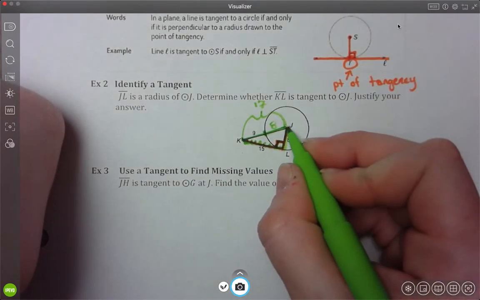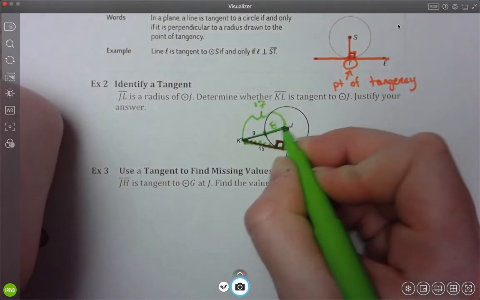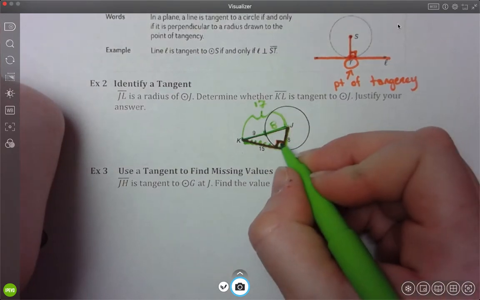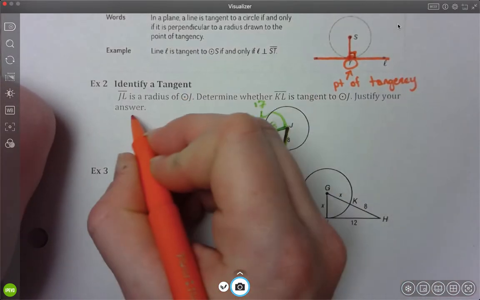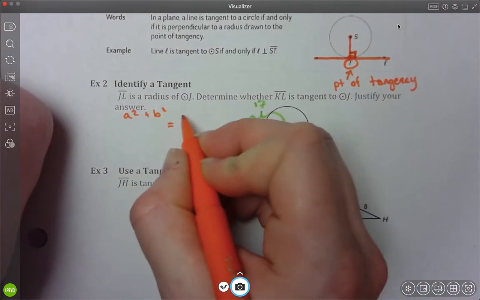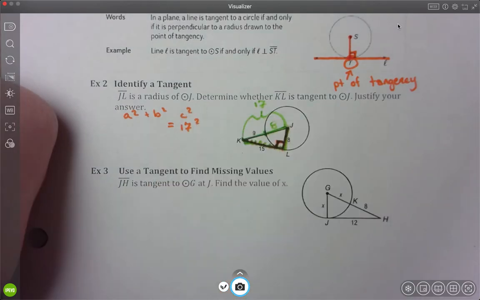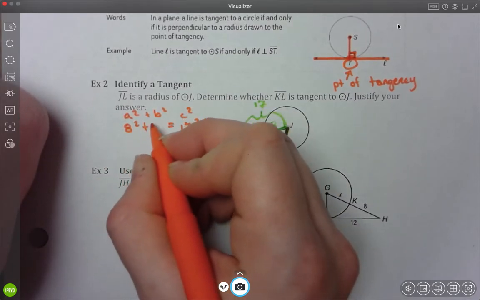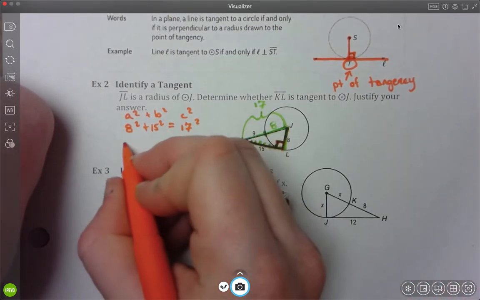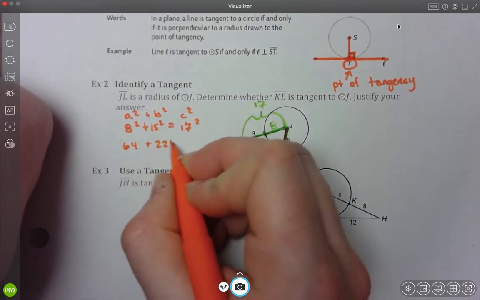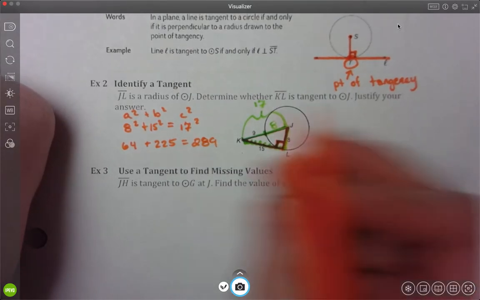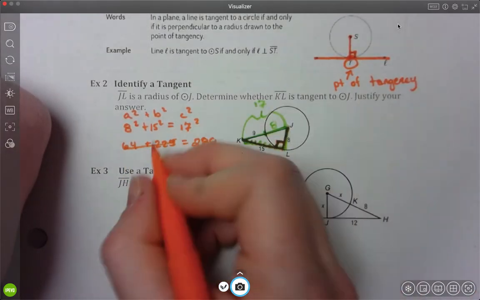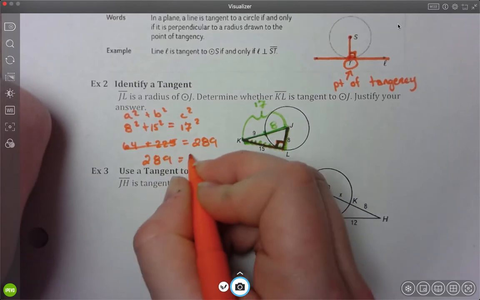So I have a triangle with sides that are 8, 15, and 17, and I want to see if that makes this a 90-degree angle. Okay, so I test my Pythagorean theorem. I have a squared plus b squared equals c squared. My c has to be the 17, and b, let's say, is 15, okay? So I have 8 squared, or 64, plus 225 equals 289, I think is what 17 squared is. Okay, so let's check that. 64 plus 225 is 289, equals 289.